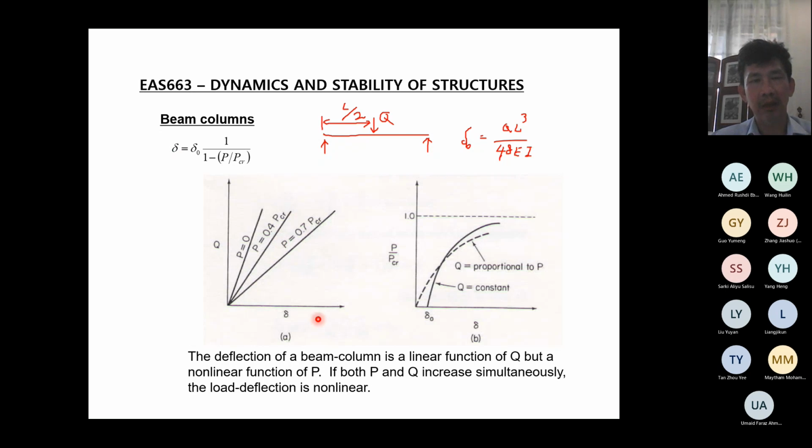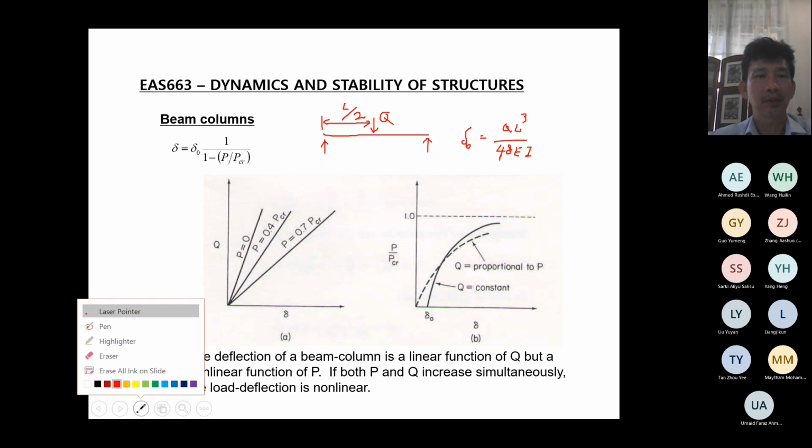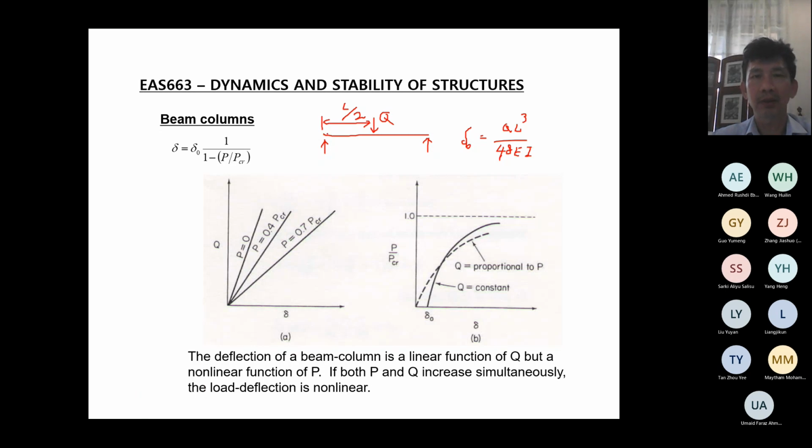This is the outcome of the plots: Q versus delta, where delta is the deflection at the midspan.